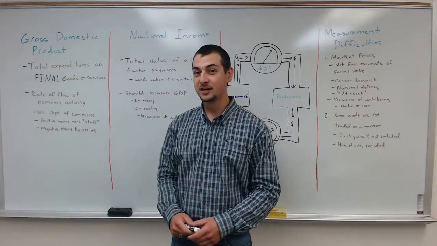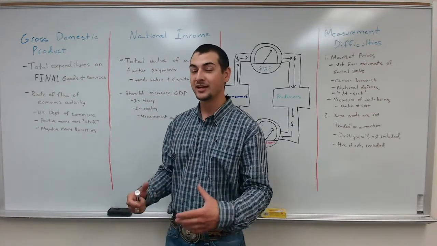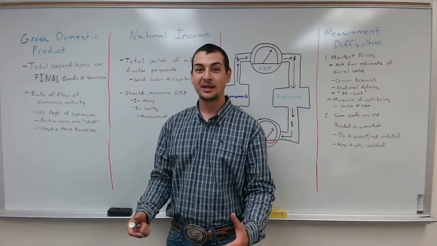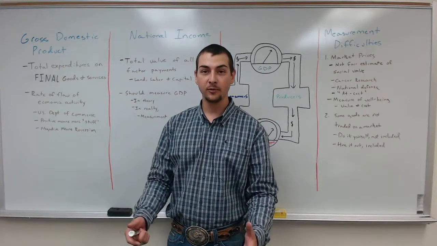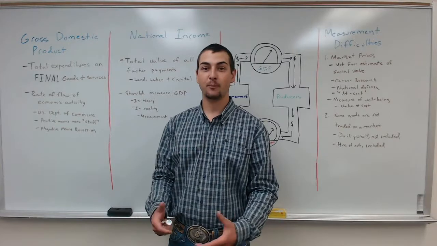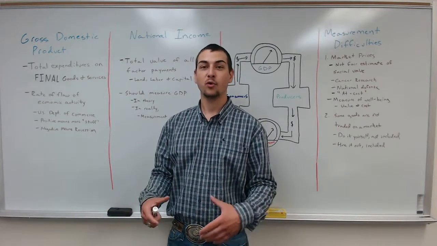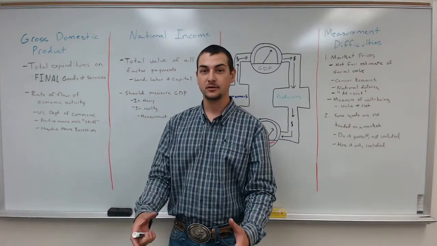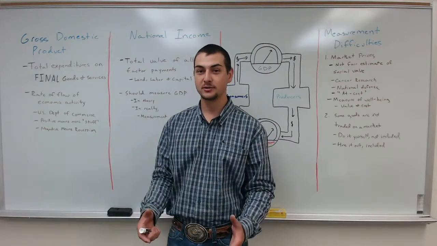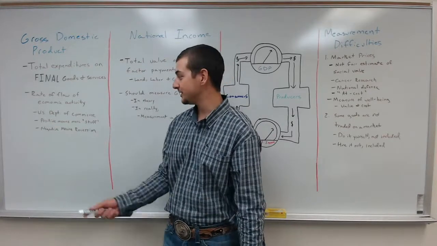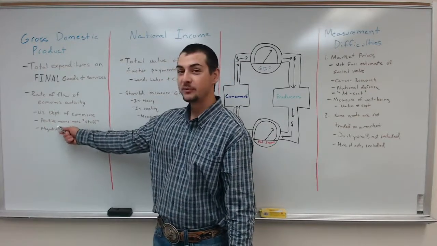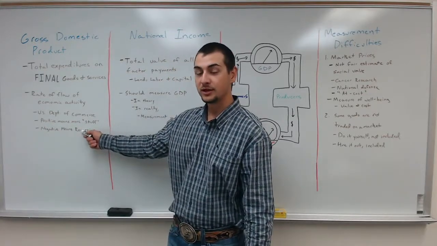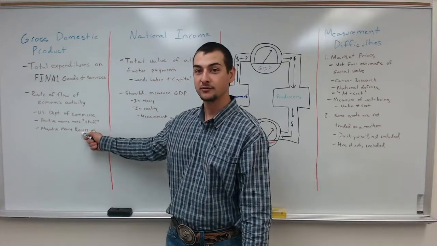If GDP is positive, if this rate of economic activity is positive, that means that GDP is going up, and that means that we can now buy more stuff. We have more money, or more money is being spent on more stuff, or more stuff is being bought. Basically, that's what it means, that positive GDP means that we're buying more stuff. Either that or we're just spending more on that stuff.